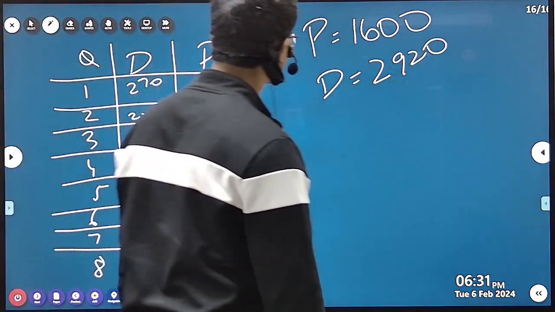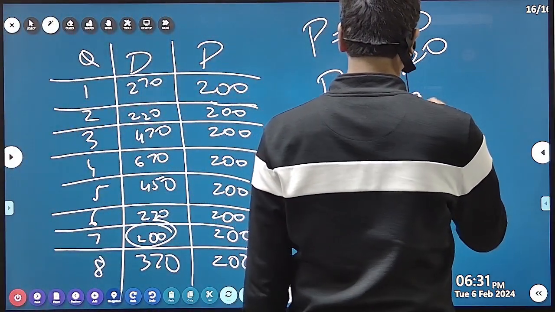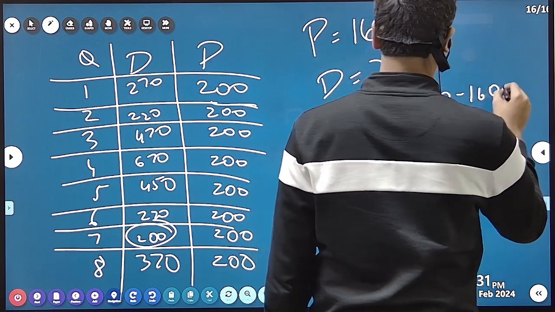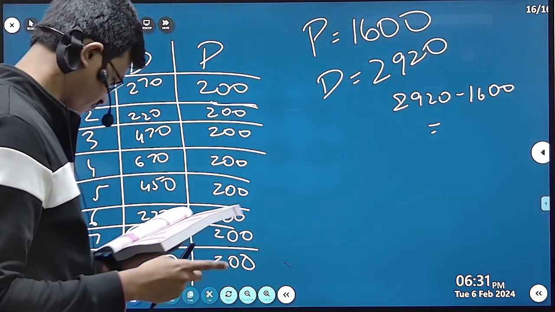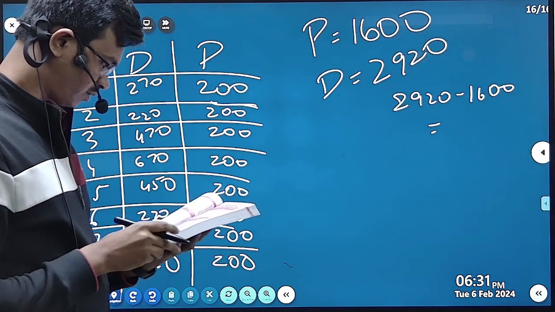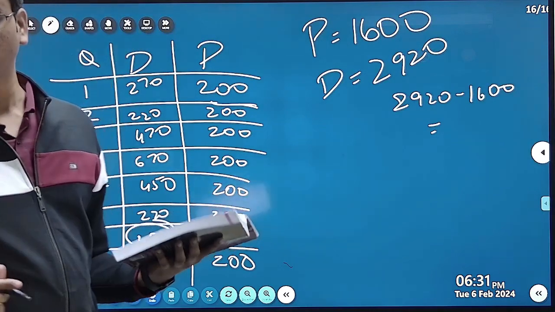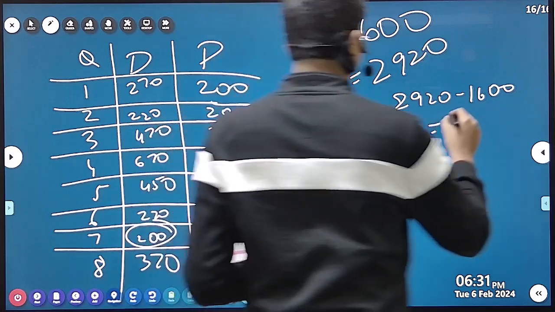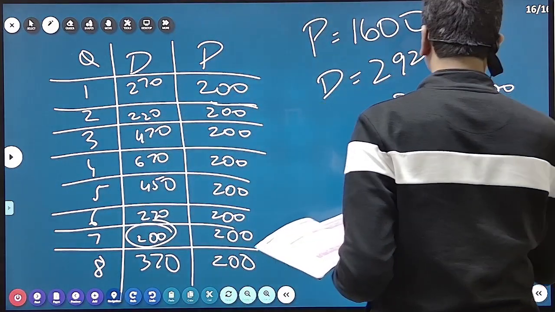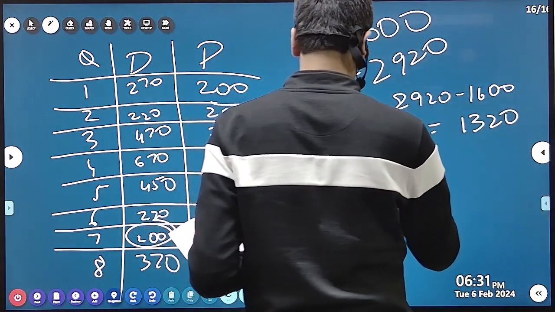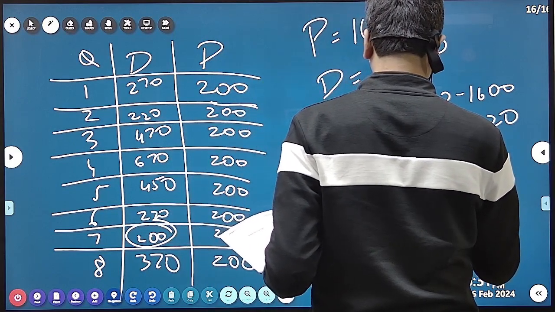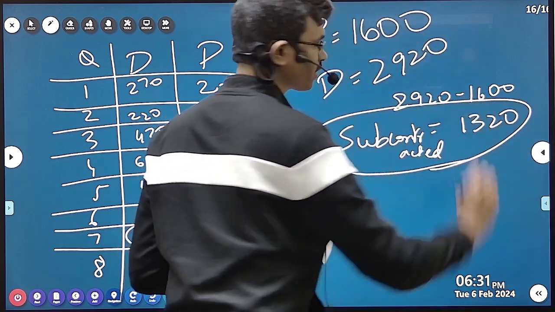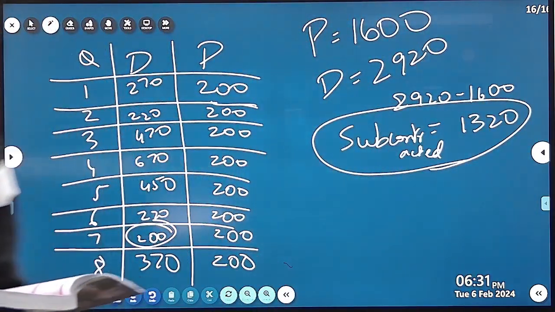So how many more units do we need? It is 2920 minus 1600, that comes to 1320. So 1320 units are to be subcontracted.